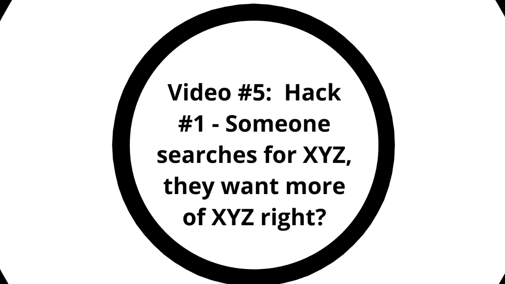They search for XYZ, they want more of XYZ. So how can you make it easier for them to find that information, such as with related posts? What plugins can you use to help with that? Because we've tested things out over the years, we've figured out which plugins work best in these cases.